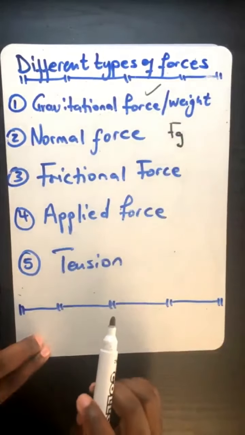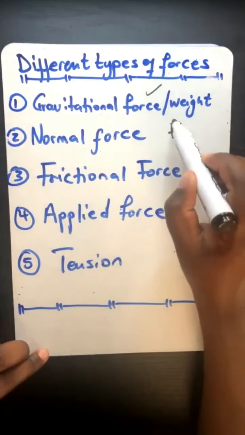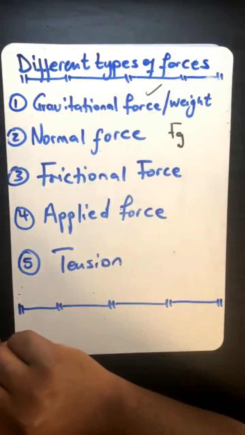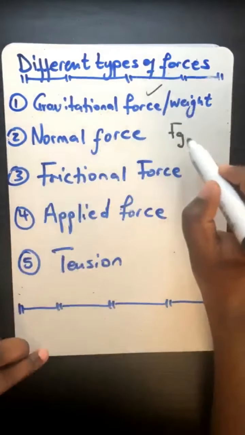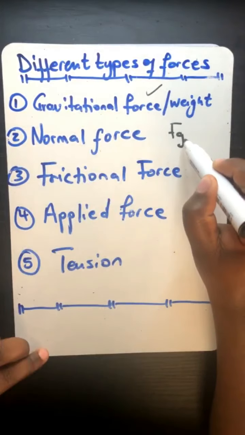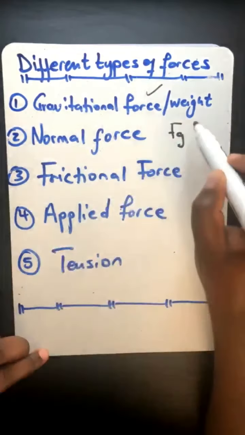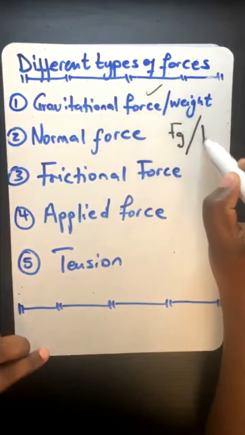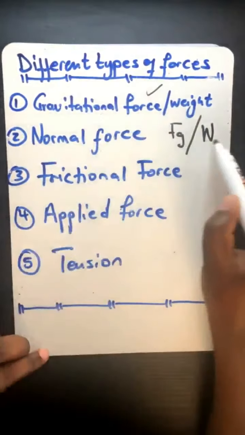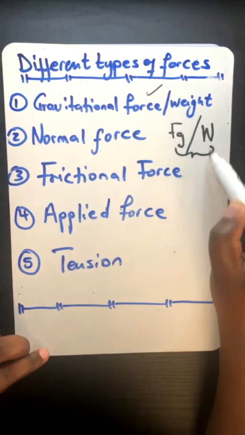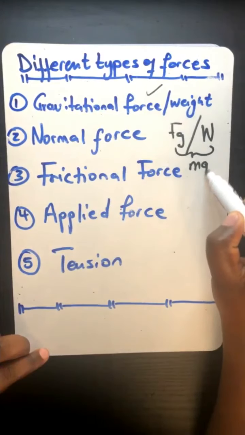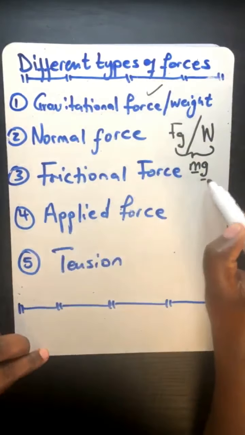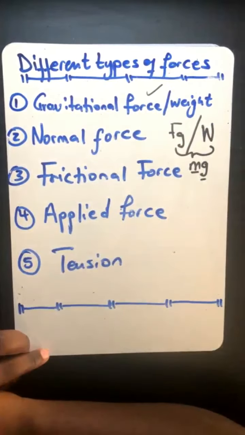The moment you see Fg, just know the F stands for force and G stands for gravity, so Fg is the gravitational force. We said gravitational force and weight are one and the same thing, and both are represented by the formula mg, with m being the mass and g being gravitational acceleration.